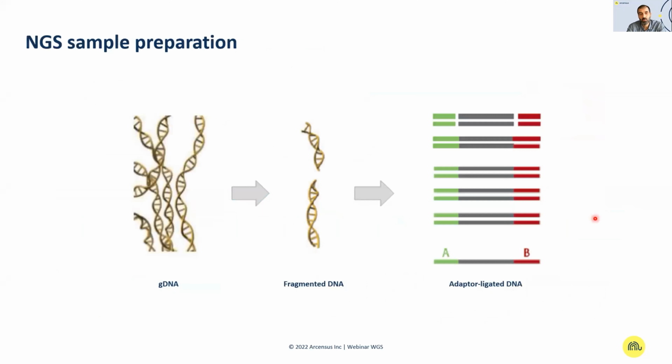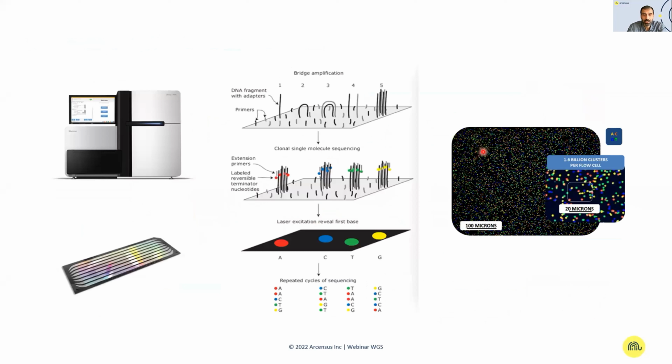So it starts off with the DNA. Usually there are many large DNA molecules obtained from samples from individuals. This has to be sheared into small pieces, ironically, and then it has to be prepared by adding adapters at each end, so it can be added to what is called a flow cell, which is depicted here.